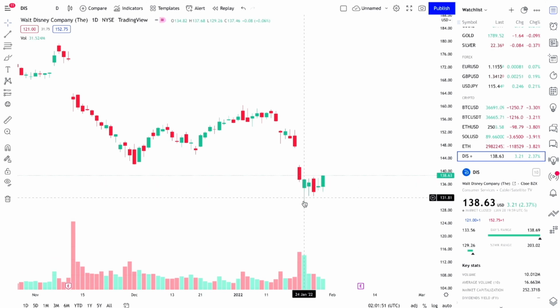Now this is a green bar with a giant tail, all right? And the tail on the green bar means that the downward momentum of the stock was rejected by the bulls, that they began to load up and buy and drive the price back up.